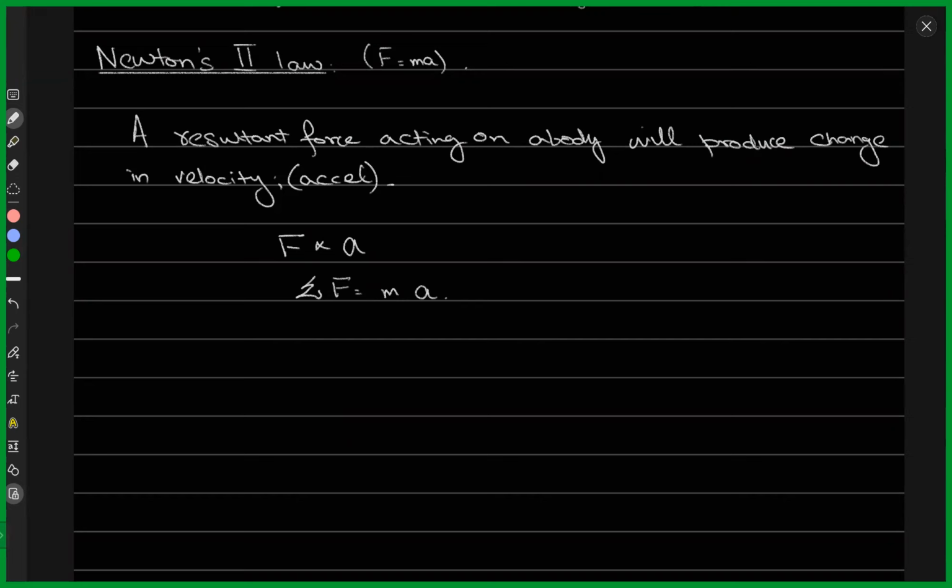So there should be some net force. If the net force is 0, then there will be no acceleration. So this just means that if I have F1 plus F2 plus F3 and so on, this would altogether combine to produce a net acceleration on this mass m.